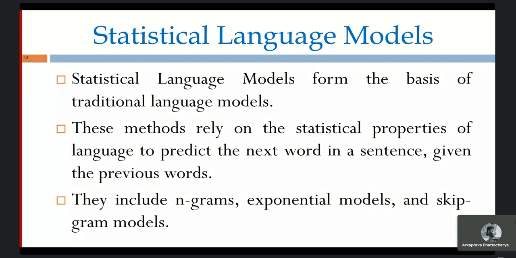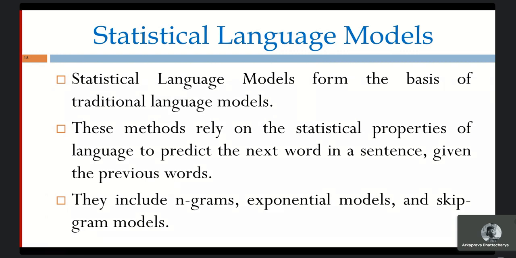I'll go through these statistical language models quickly so that I can show you how language models actually predict the next words. Statistical models form the basis of traditional language models. These models rely on the statistical properties of the language in order to predict the next word in a sequence given the previous words.